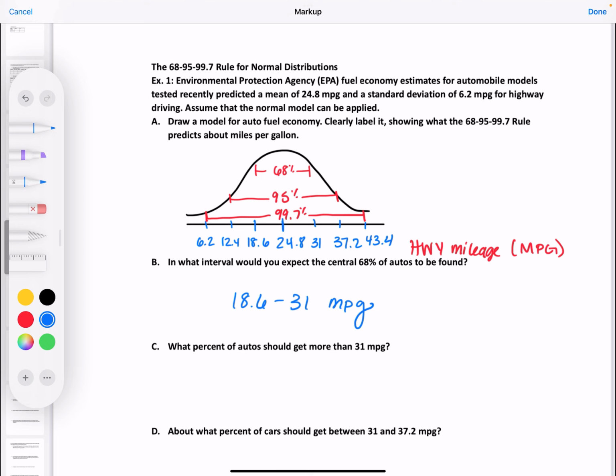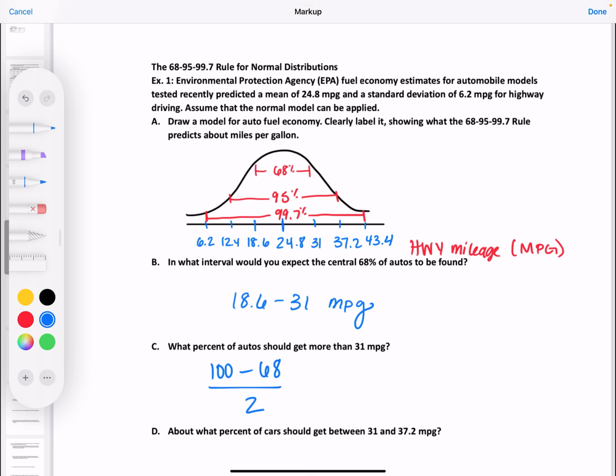That's going to help us see what's outside of that region, outside of the 1 standard deviation away. But I only need the half that's above, not the half that's below. So I need to cut it in half. So you're going to have 100 minus 68, and then divide that by 2.